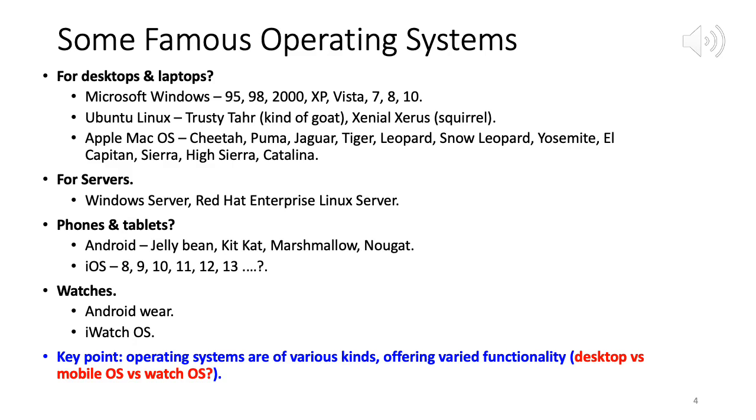So the key thing to take away from this slide is operating systems are of various kinds, various sizes, various functionalities, right? Depending on the use case, the application. So desktop OS would be different from a mobile OS. A mobile OS would be different from a watch OS. So if you pause and think about it, how would they be different?